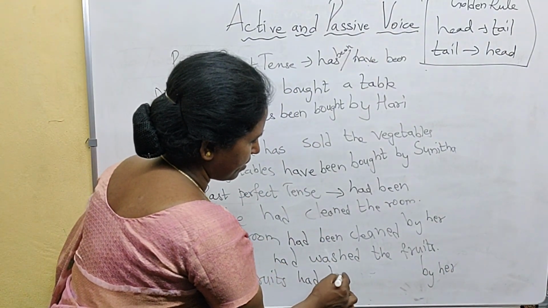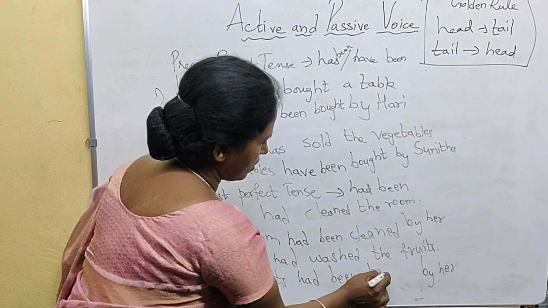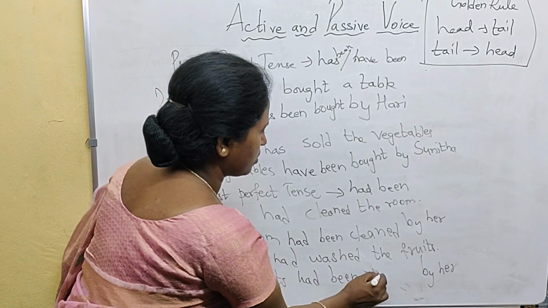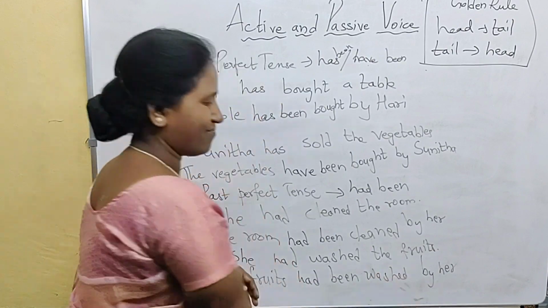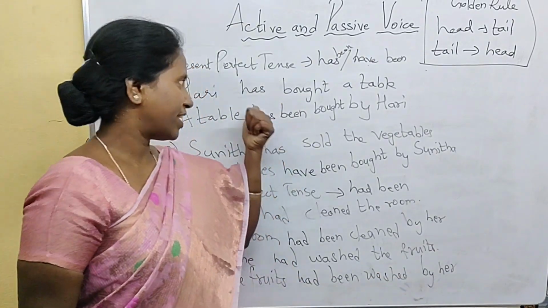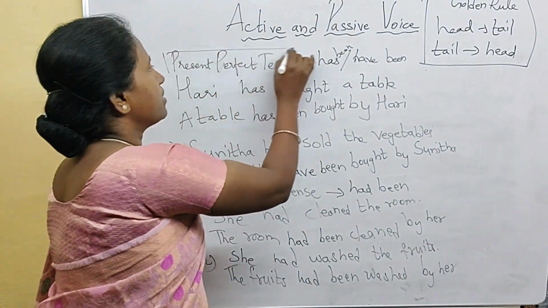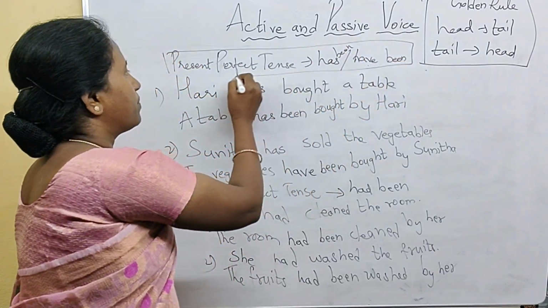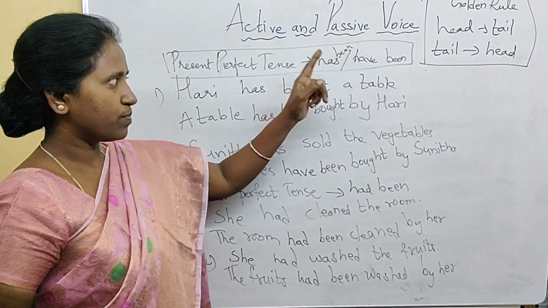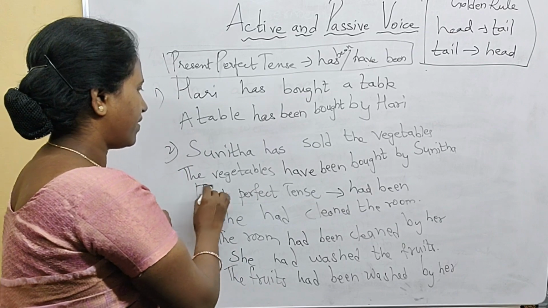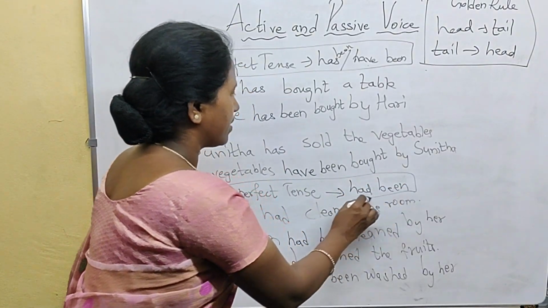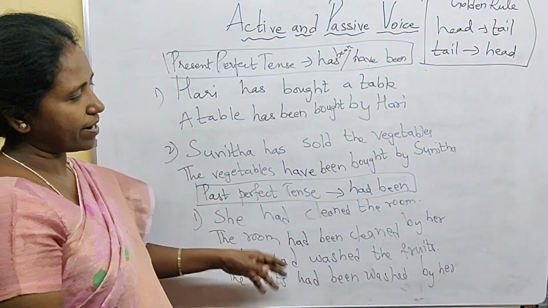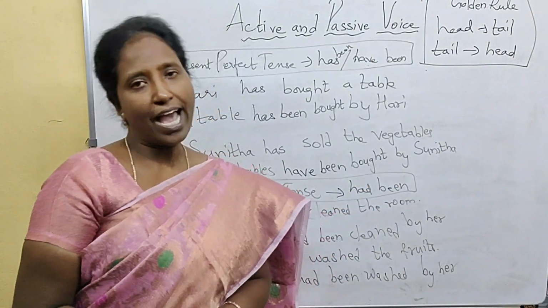Had been washed by her. Clear? Whenever you have present perfect tense, you need to see the number. If it is singular, has been; plural, have been. If it is past perfect tense, whether singular or plural doesn't matter. You will use only had been.